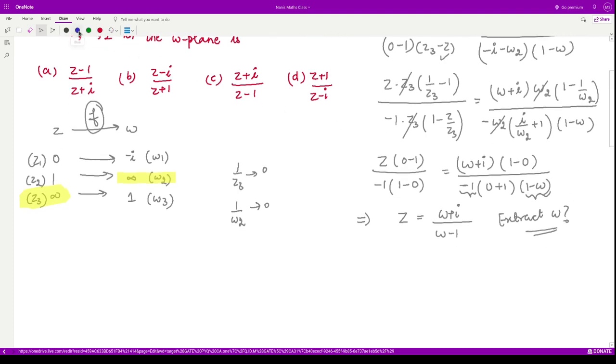For that we can simplify this a bit. This thing divided by 1, so we can write by applying componendo and dividendo. In that we just add the numerator and denominator and put it in place of numerator, and then we divide numerator with denominator and put it in place of denominator. Similarly we do the same with the right hand side, so we would have something like this.